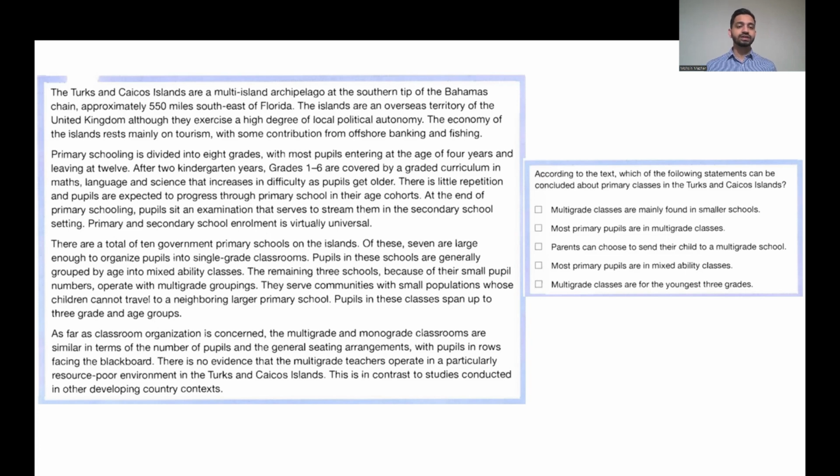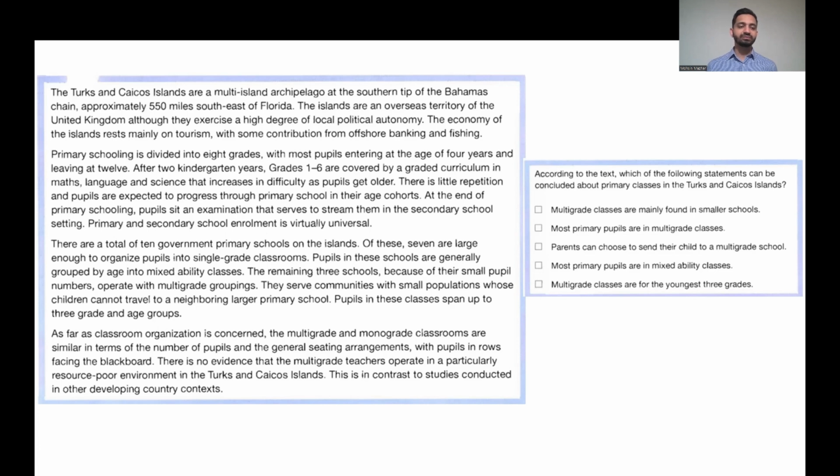Primary schooling is divided into 8 grades, with most pupils entering at the age of 4 years and leaving at 12. So they start from 4 and they leave at 12. After 2 kindergarten years, grades 1 to 6 are covered by a graded curriculum in maths, language, and science that increases in difficulty as pupils get older.